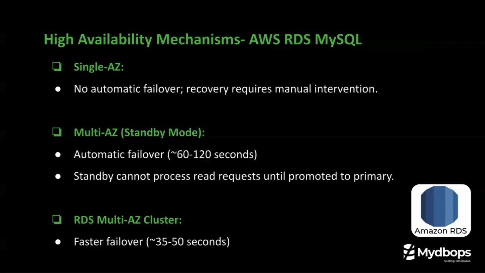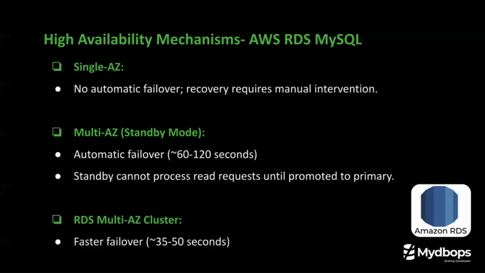Now let's look at how AWS RDS MySQL handles high availability. In a single AZ deployment, there is no automatic failover, as we have seen and understood from the architecture itself. Recovery has to be done manually. In multi-AZ deployment, standby mode, AWS automatically promotes a standby instance within a failover time of 60 to 120 seconds, but the standby cannot handle reads until it is promoted as primary.